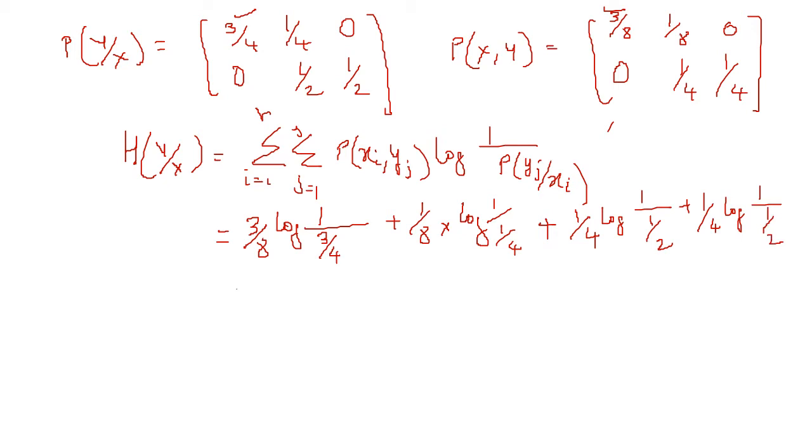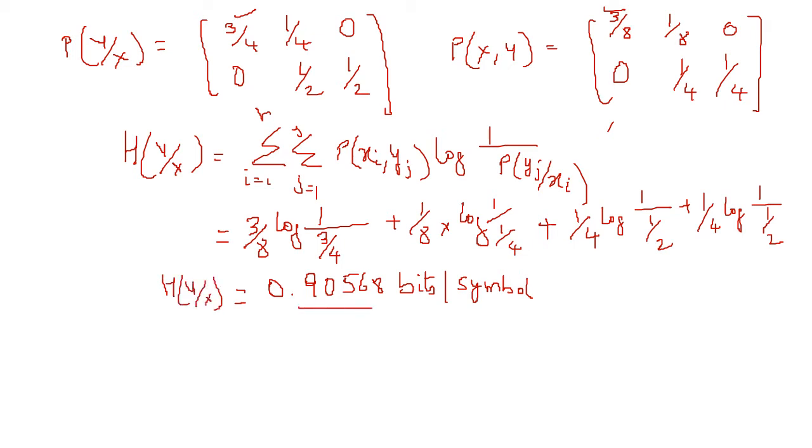After substitution, we are going to get H(Y) as, simplify, substitute to the base of 2. We are going to get H(Y/X), which will be 0.90568 bits per symbol. So this is nothing but H(Y/X).